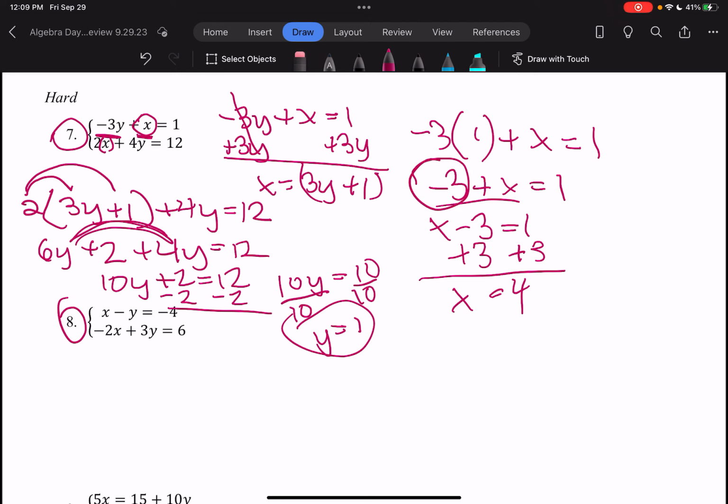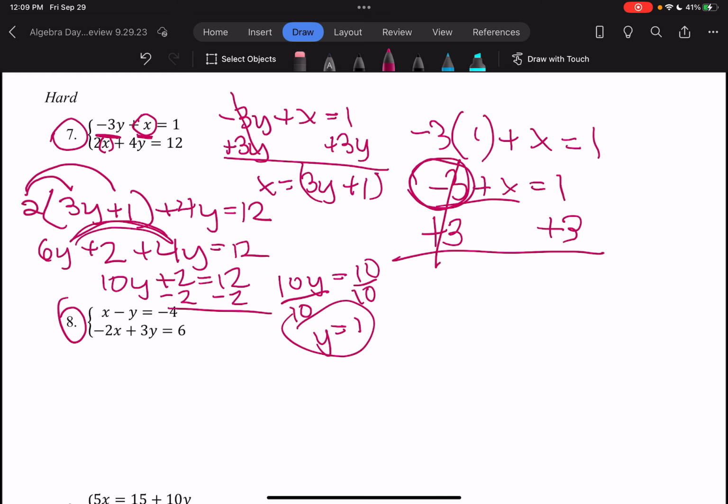But ultimately, this is a negative 3 that I want to get rid of, and I want to leave the x all by itself and isolate that x. So to do that, I'm adding 3 because negative 3 plus 3 gives me 0. I'm only left with an x on this side, and then I can add here and I get 4. All right, so your solution here is 4 comma 1.